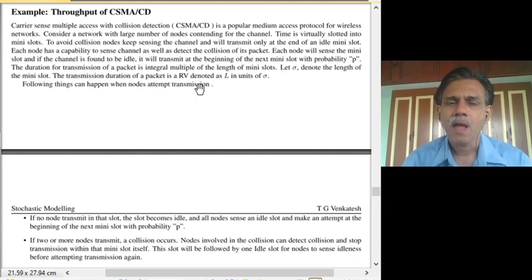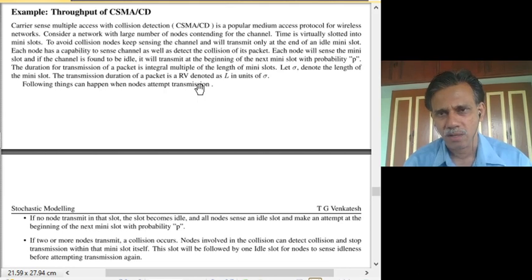To avoid collision, each node will not transmit as soon as it finds a mini slot, because then a collision is guaranteed.